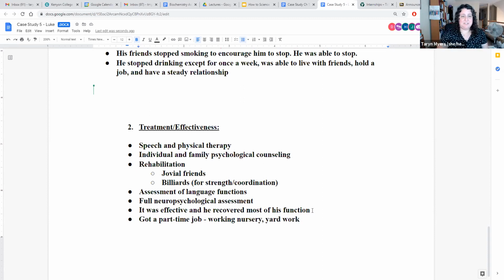It's entirely possible that you'll essentially return to what we call pre-morbid functioning. And as both of the last two groups pointed out, having that support is so important, right? This is so much harder to do on your own than it is when you have a really great support network like Luke did. So, awesome.